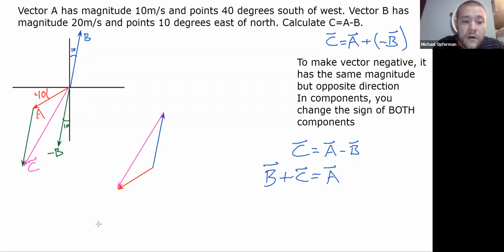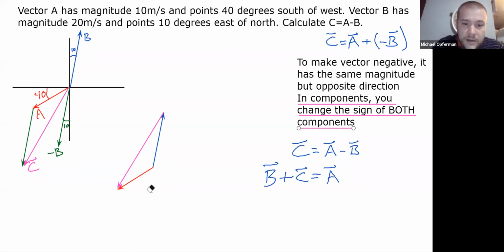And really it all comes down to this statement here, that if you want to make a vector negative, you just make both of its components negative. So as a result, it works exactly the same way as vector addition, where you separate out the components from each other. And once you get the X and Y components separate, you can just subtract them from each other, just as you would normally.